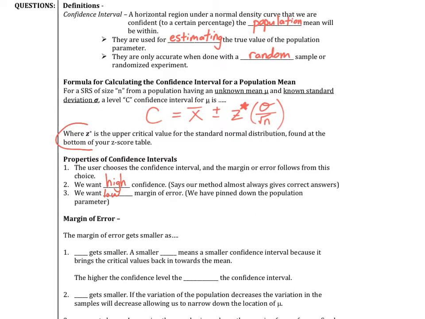Margin of error is equal to Z star times sigma over square root of n. Okay, and that is this part right here. So that is the margin of error.